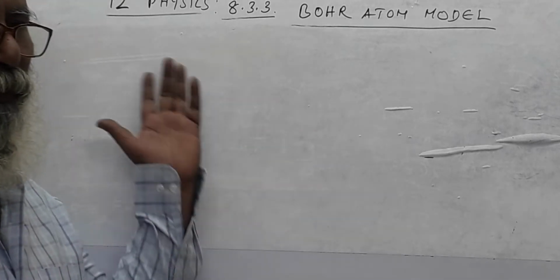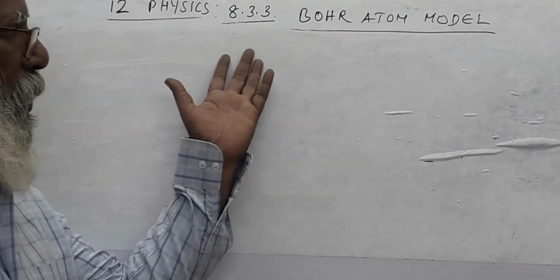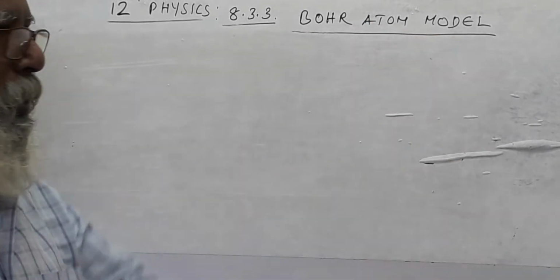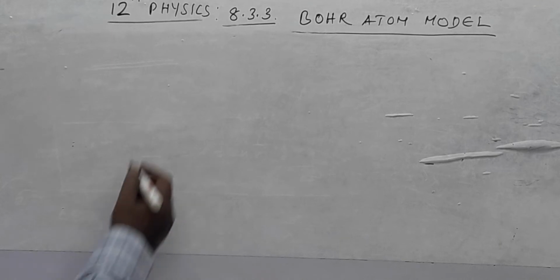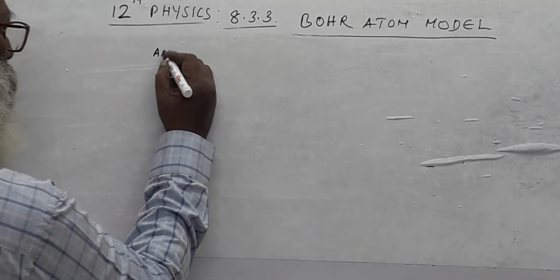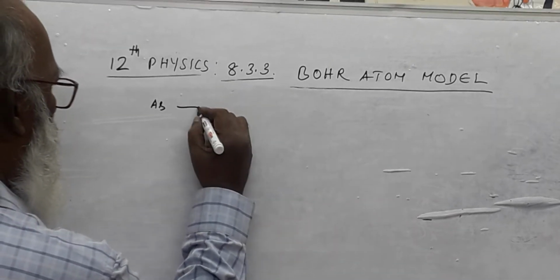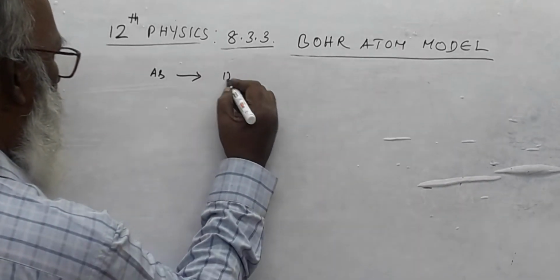Today in Physics, 12th Physics second volume, the Bohr Atom Model. As per the Rutherford atom model, already he explained there may be two limitations.